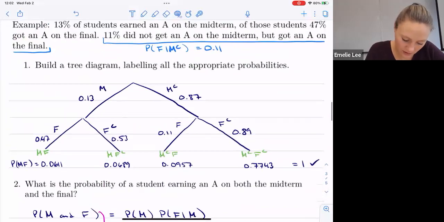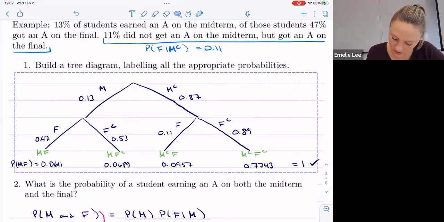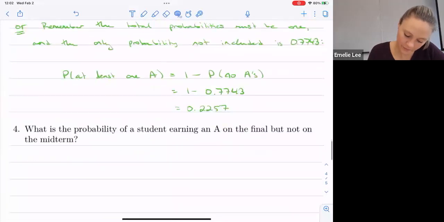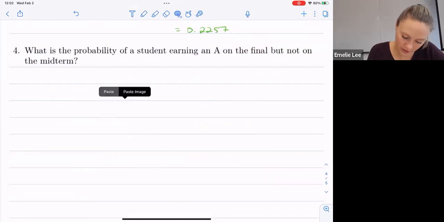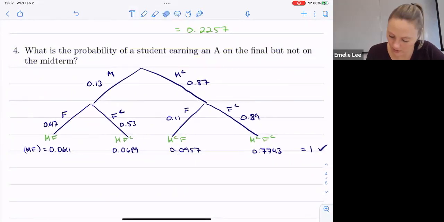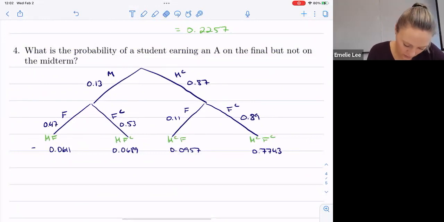And again, I'm gonna steal this here. Copy. Because usually I just kind of draw it out on my tree diagram blindly and I just figure out.